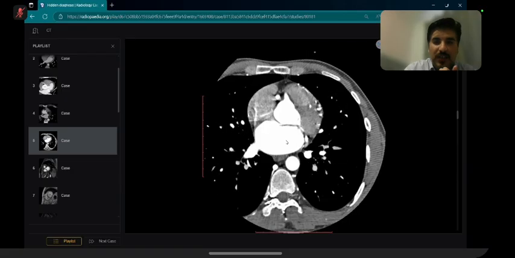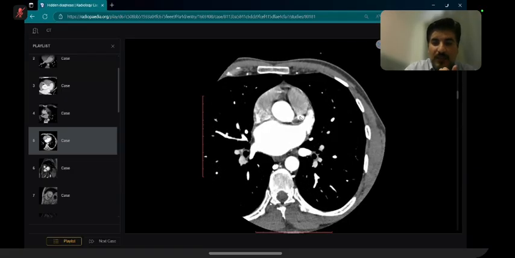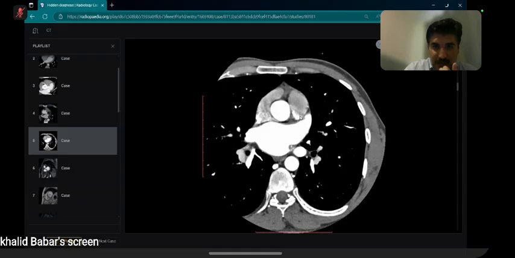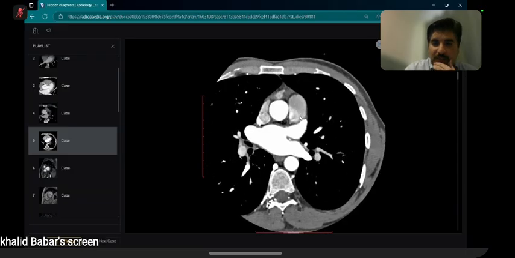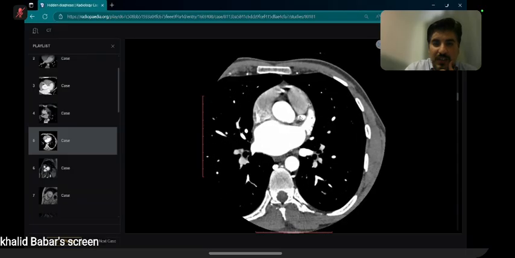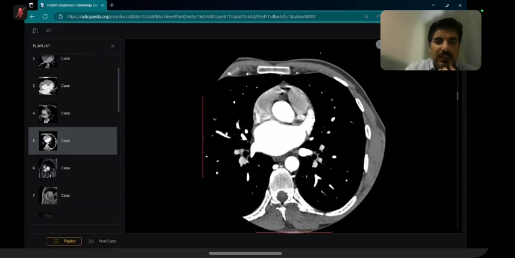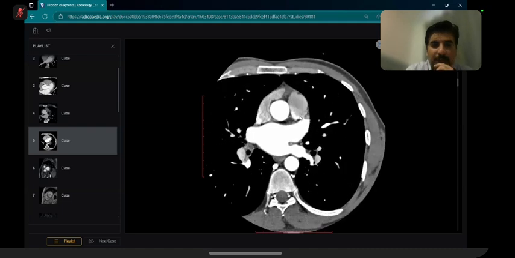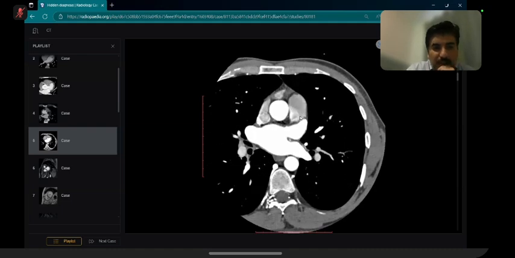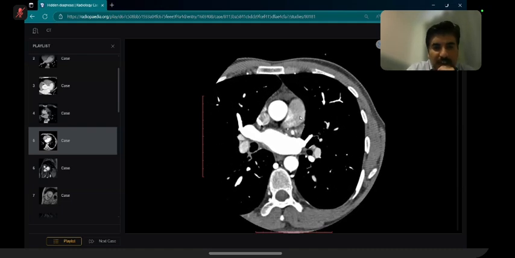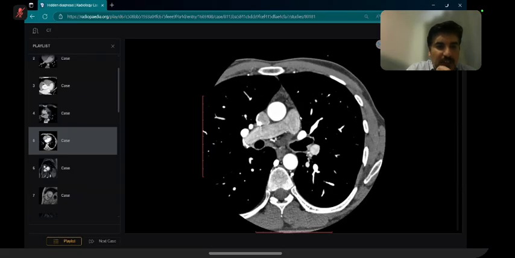Here it is anomalous origin of the left coronary artery from the pulmonary trunk. So this is called ALCAPA, and it also needs correction. So this is about coronary anatomy.